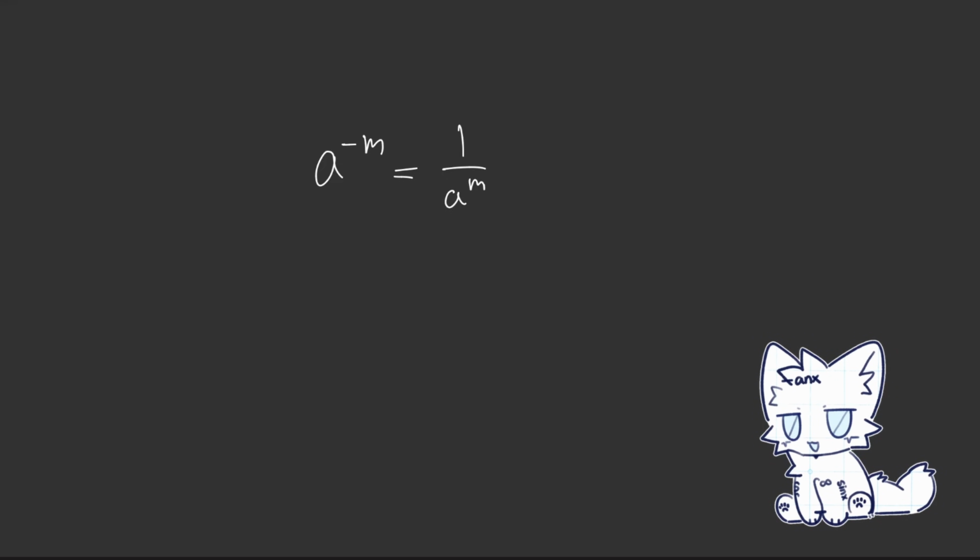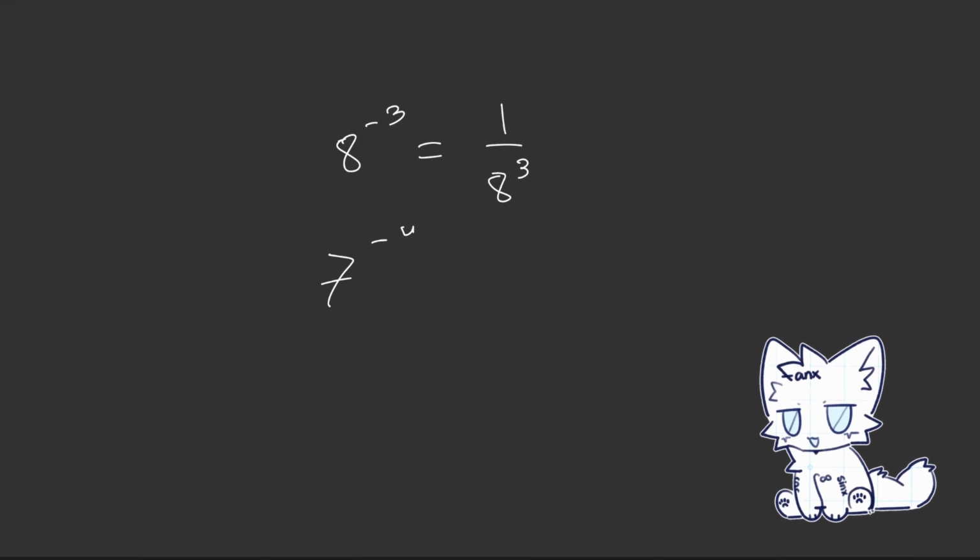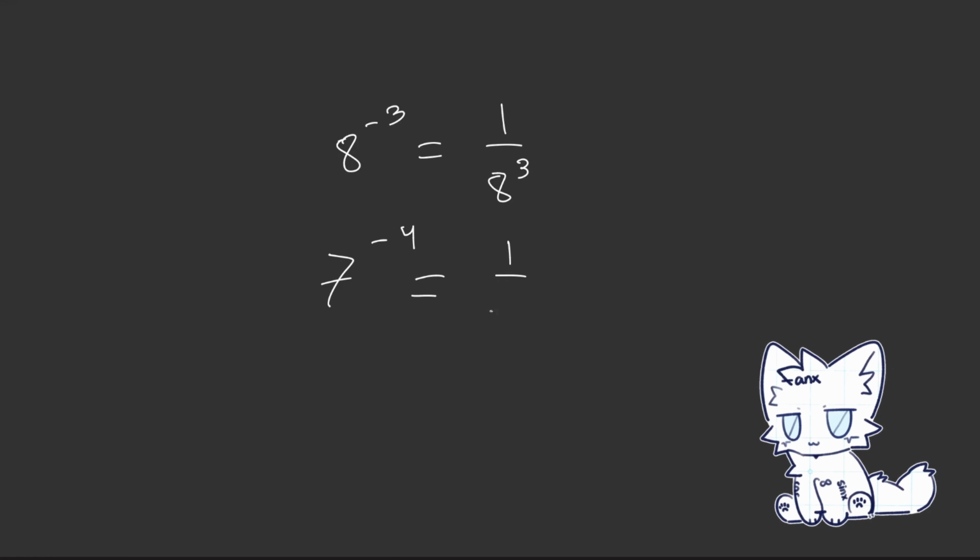So we take away the minus sign and we turn it positive, and then we put it all under 1. So what this can look like is 8 to the negative third. This would just equal 1 over 8 to the third. Same thing here: 1 over 7 to the fourth.